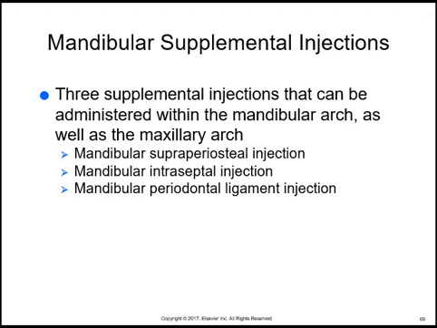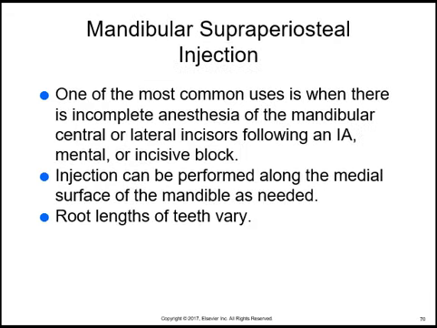We have the mandibular supraperiosteal injection, the mandibular interseptal injection, and the mandibular periodontal ligament injection. All have a high level of clinical effectiveness and are associated on the visual analog scale with a range of 0 to 6 with the correct technique by the clinician. The downfall is that the administration of these injections is of short duration.